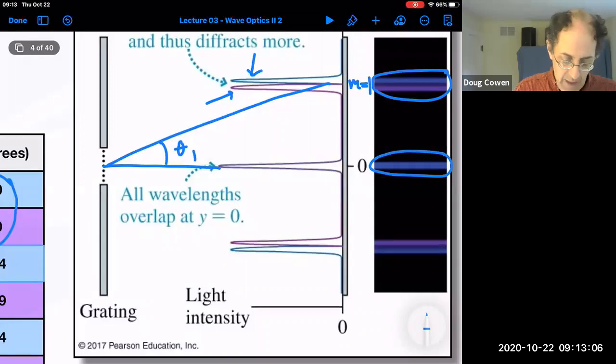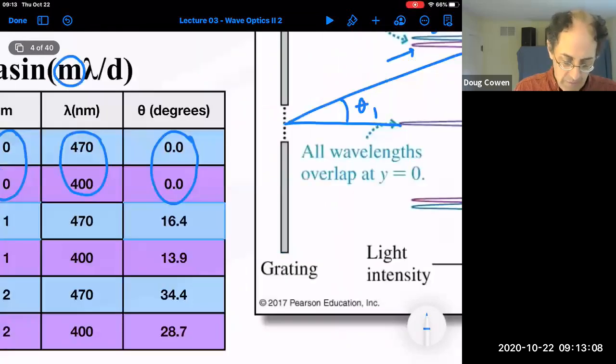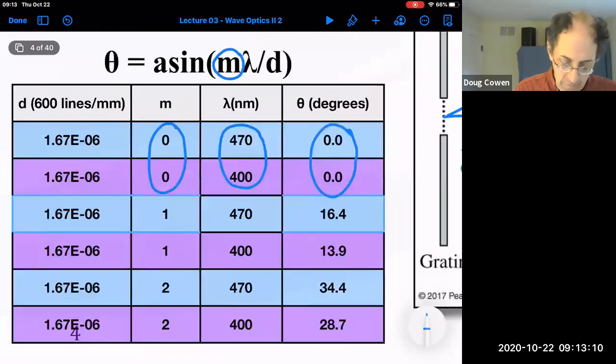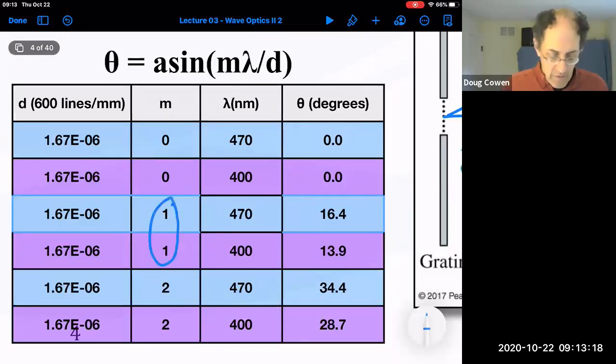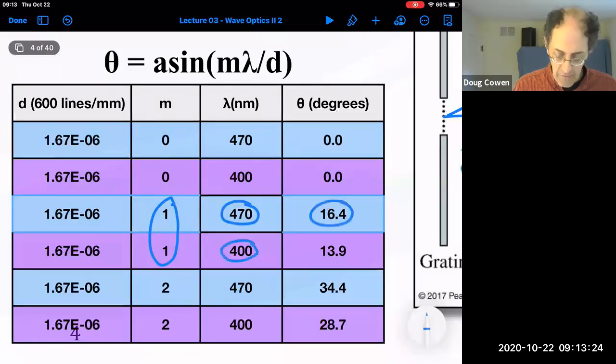Okay, but then if we look at other angles or other orders, we get different behavior. If we look at the first order for these two different wavelengths, 470 and 400, you see that the angles are no longer the same. They're not both 0 or both some other value. They're different, and they differ by just a couple degrees or so.